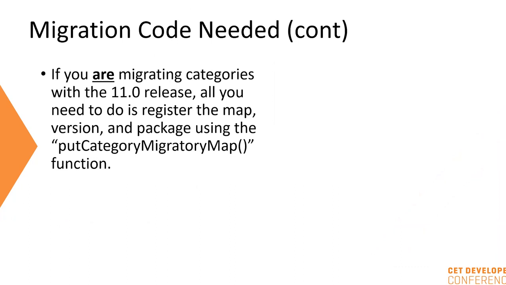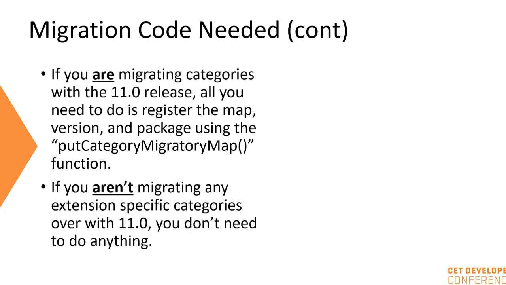And to do the full registration of your mappings, you'll need to provide the package that the old category was registered with, the version that this migration is going to be happening with, and then the mappings themselves. And all that will get passed into a function called put category migratory map. And we have an example of that in Abstract Office that can be referenced.